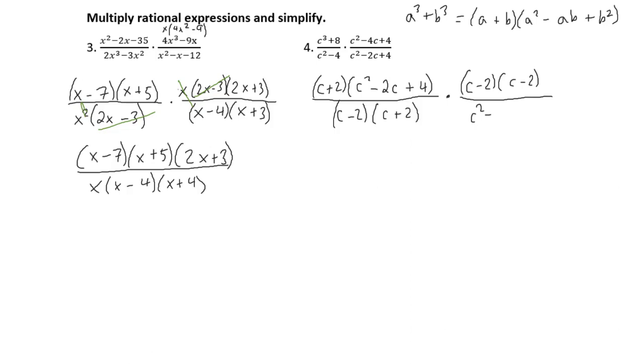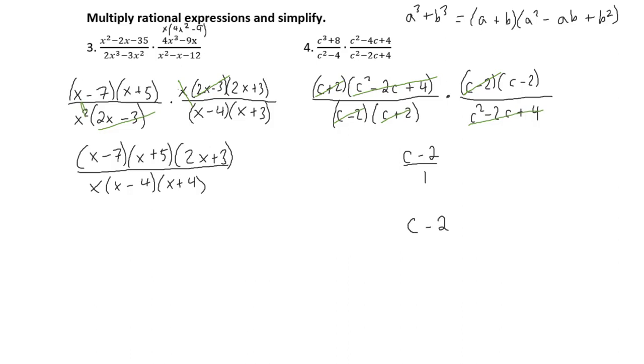And c squared minus 2c plus 4 is prime, but we can clearly see that this and this are the same. That and that cancel. That with that cancel. So now we have c minus 2 over 1, which would just be c minus 2.